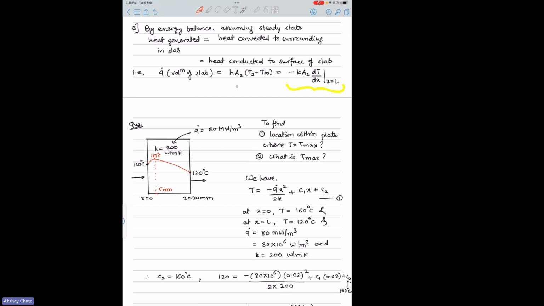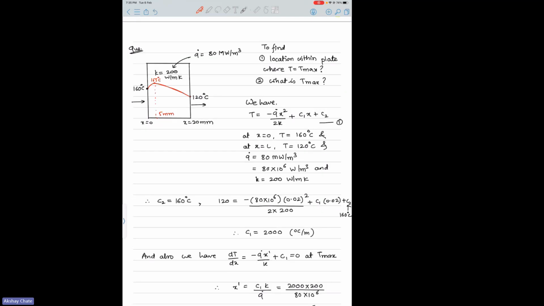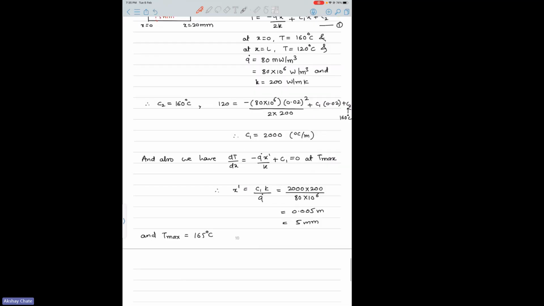So this is the point that I am trying to make: whenever there is heat generation in a slab or anywhere, the inside temperature will be more than T1 and T2, unless one of the walls is insulated. Okay, so this is it.